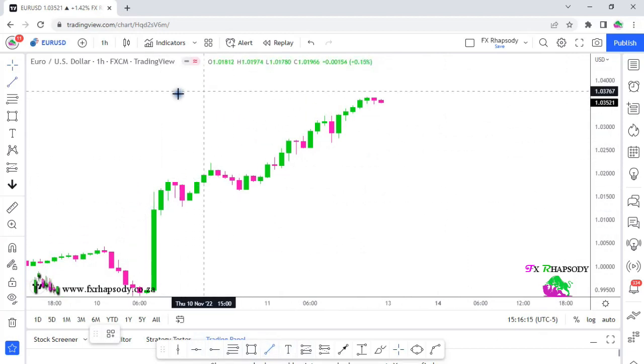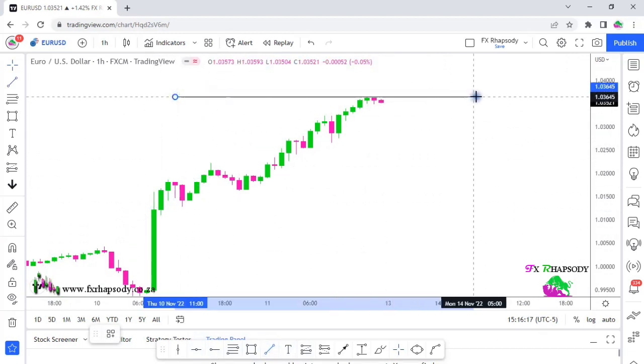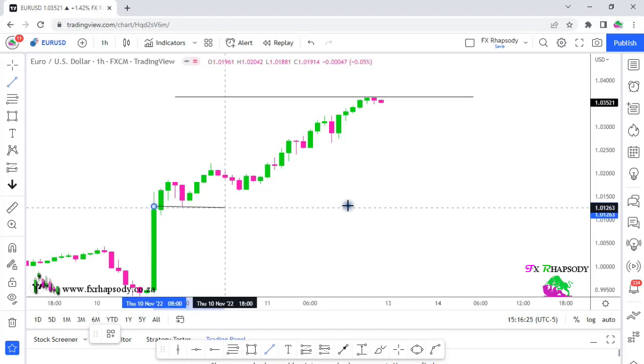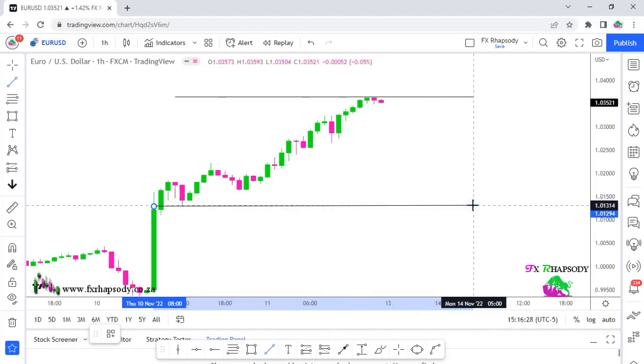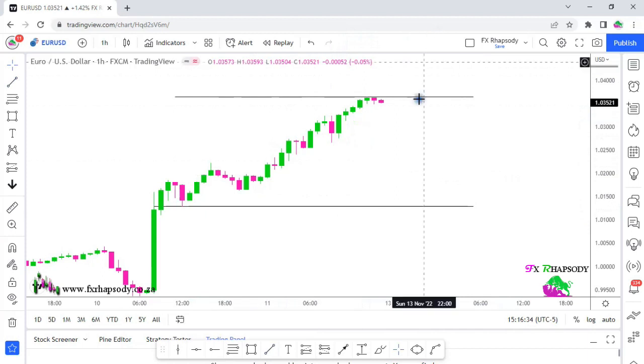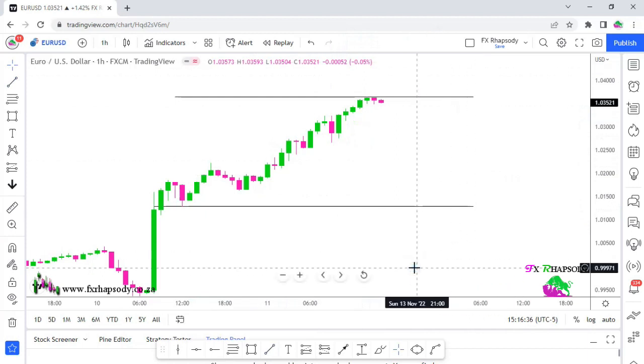I'm going to have this high, and any movement above that area, I'll be looking at trading, and anything below that area too. Those are the two areas I'm going to be focusing on. So movement above it or below it, I'll be trading it, and let's see what happens.